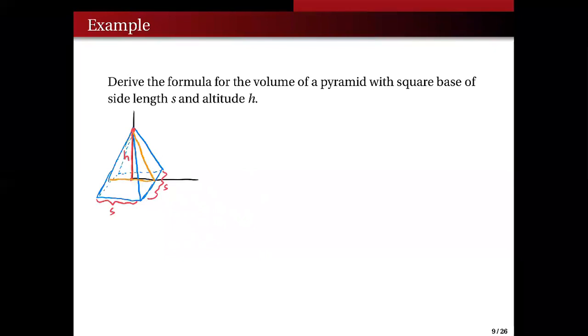If we look at the top view of this pyramid, you'll just see the square, and then we look at the floor of your pyramid.